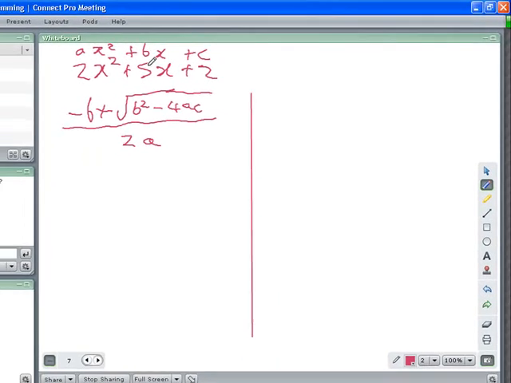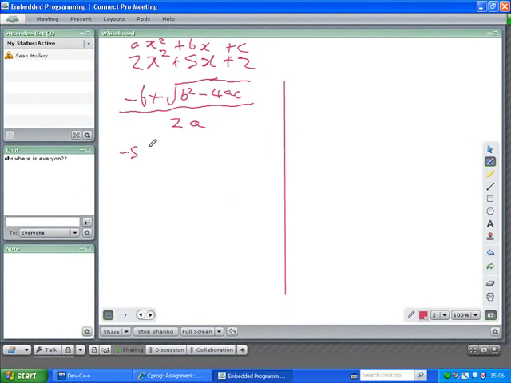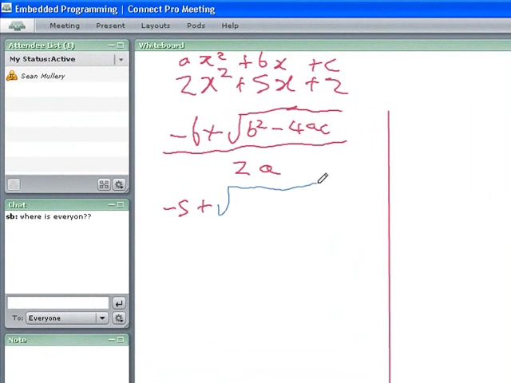So minus b in this case is 5, so that's minus 5 plus the square root of 5 squared minus 4 times a, so that's 4 by 2 by c, which is also a 2, and 2 by 2 is 4, by 4 is 16. That's all over, by the way, 2 by a, which is 2 by 2.